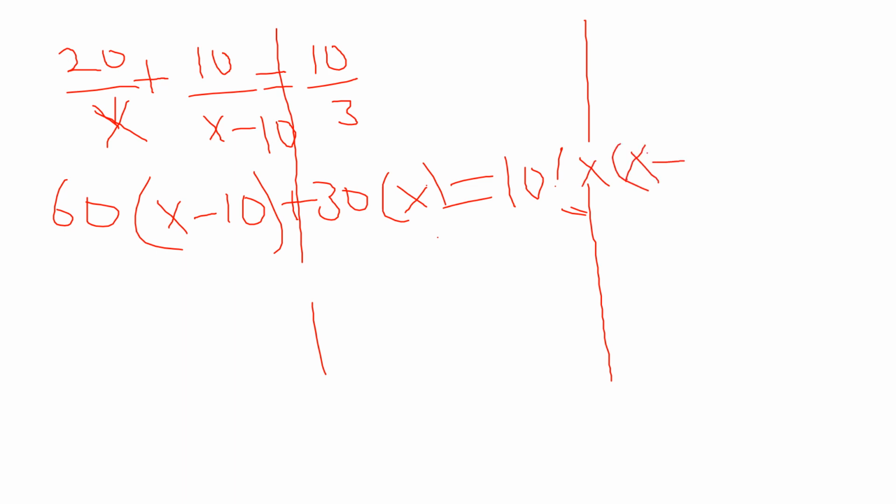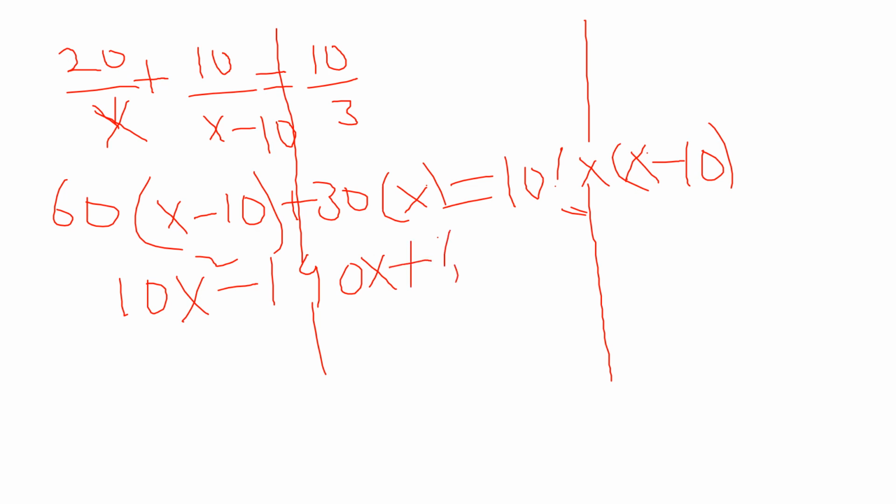Then x minus 10, then plus 30, then this is x, and then all these is equal to, on the other side it will be 10, then we have x, and then we have x minus 10, like that.